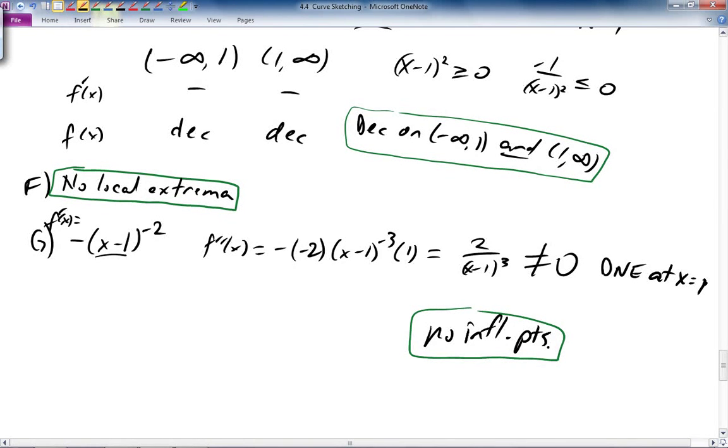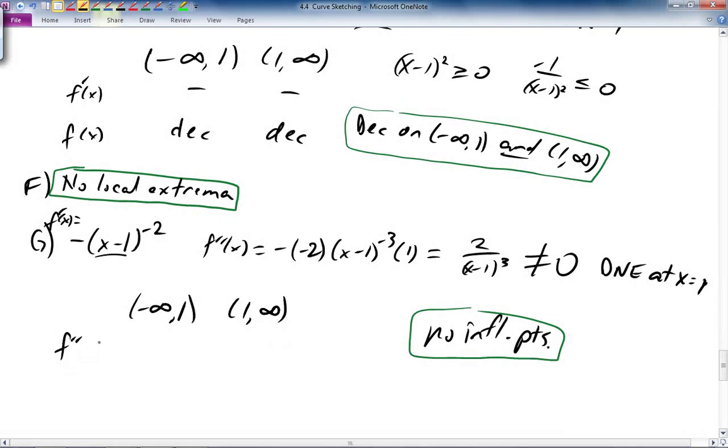So let's go ahead and test it. We need to test the values of the second derivative to check our concavity. So again we're going negative infinity to 1 and 1 to infinity, and I probably didn't leave enough space on the left. Let's just rewrite that all. Negative infinity to 1 and 1 to infinity.